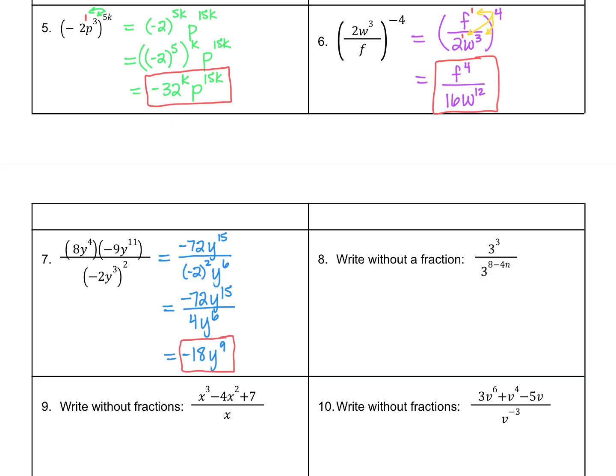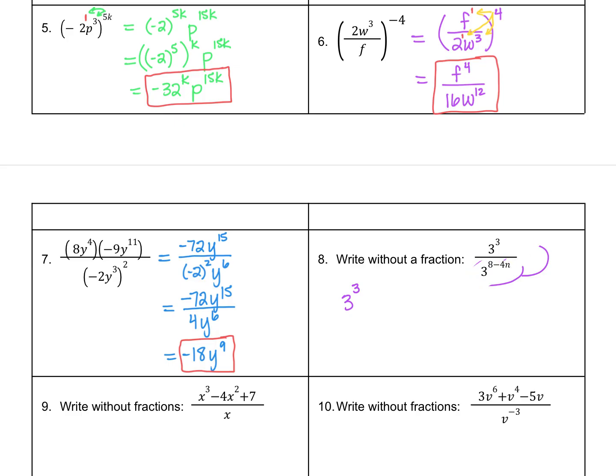So next, number 8 says write without a fraction. If I want to write it without a fraction, then that means I want everything to be in the numerator. So 3 to the power of 3 is going to stay in the numerator. Now, in order to flip the denominator, or take the reciprocal of it, I need to make my exponent negative.